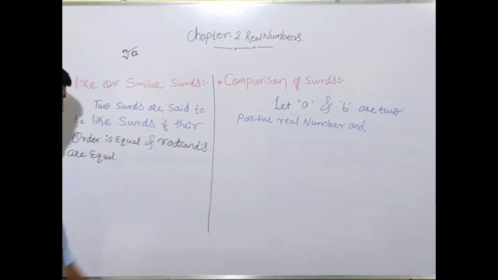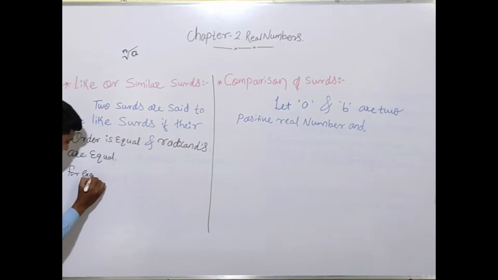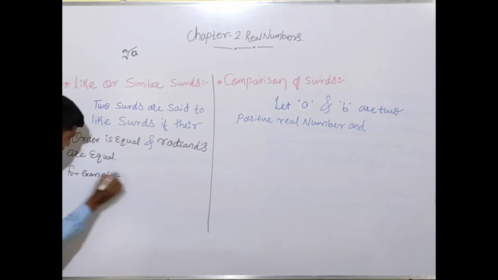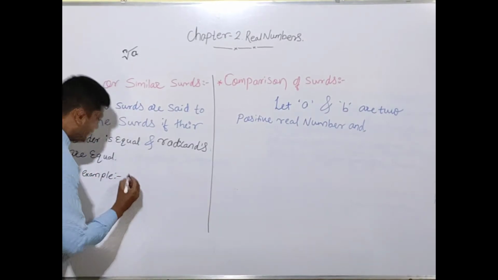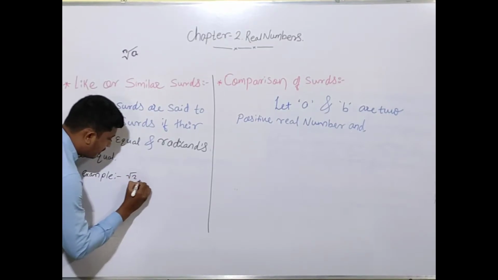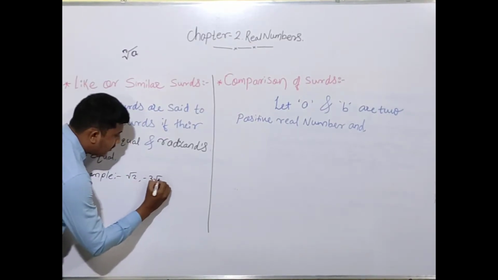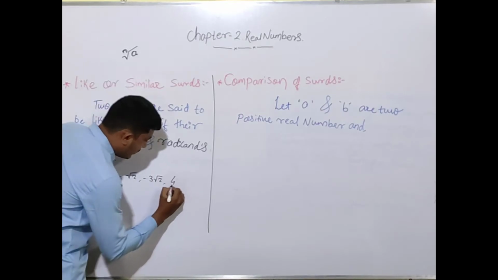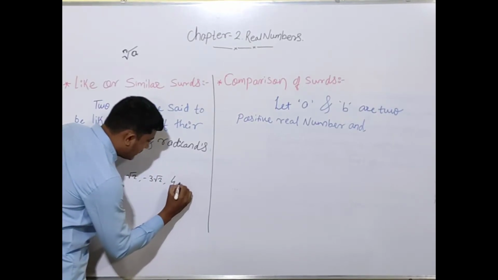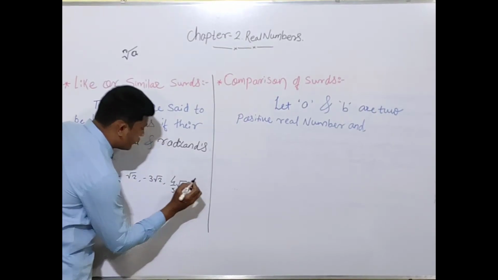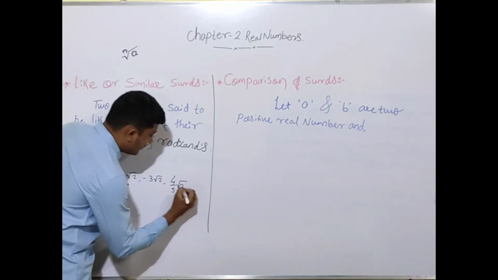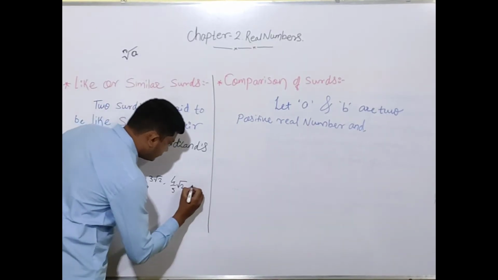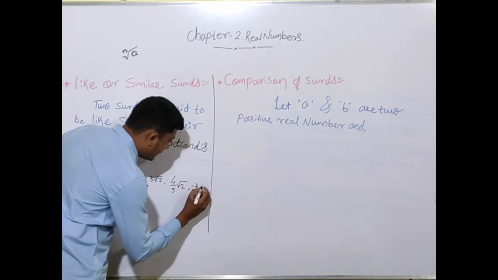So let's see with some examples. For example, root of 2, minus 3 root of 2, 4 upon 5 root of 2, comma, minus 7 root of 2.